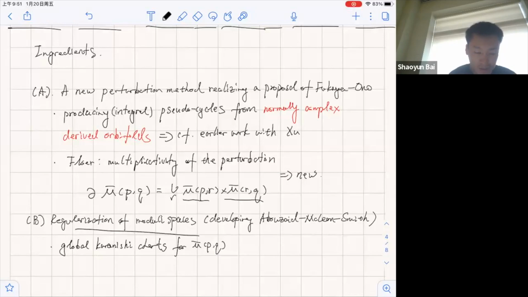And for this part of the construction, there's also an arXiv post by Simon Rezchikov. He has a slightly different approach to construct the global Kuranishi charts.